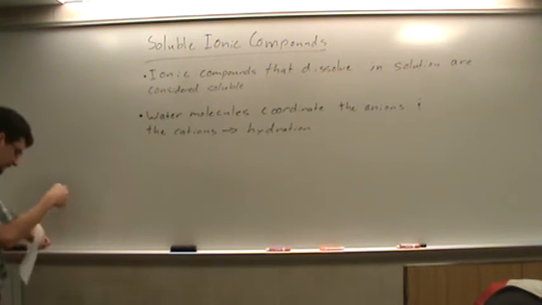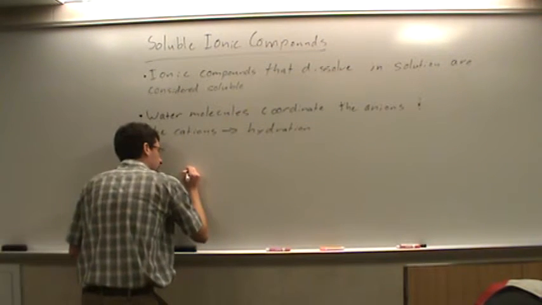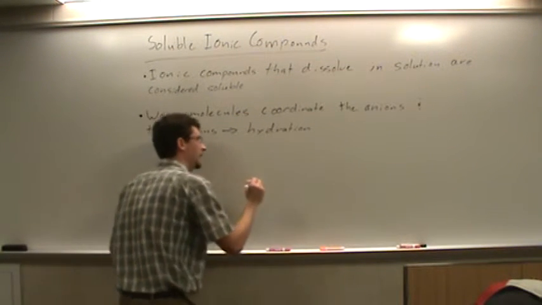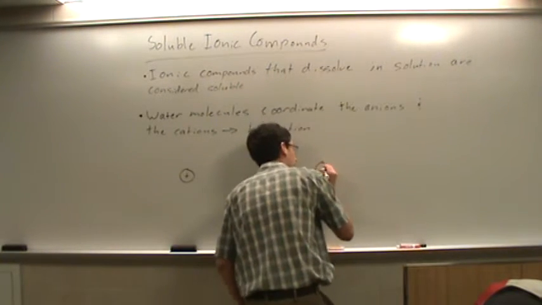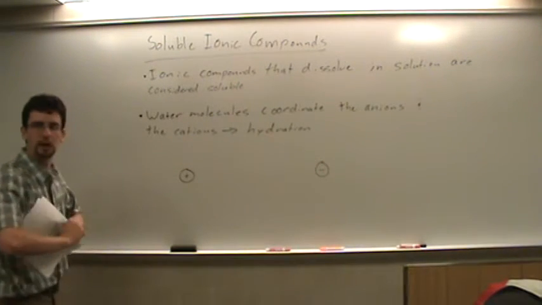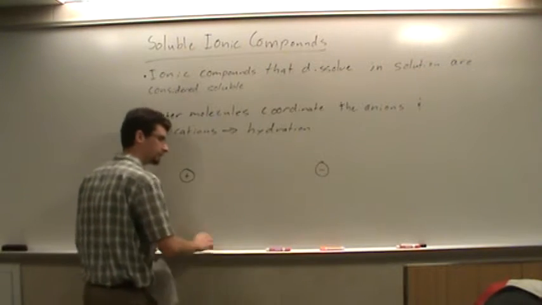If we go to draw this out, let's say we have a cation and we have an anion. Let's consider water molecules coordinating to these.